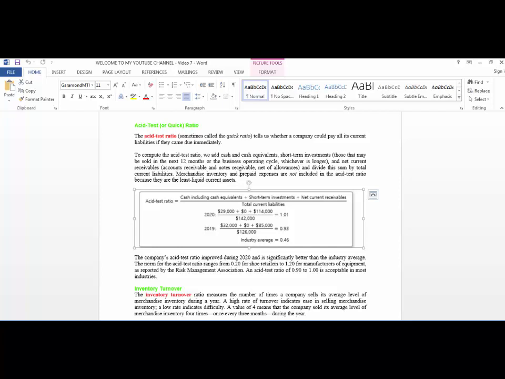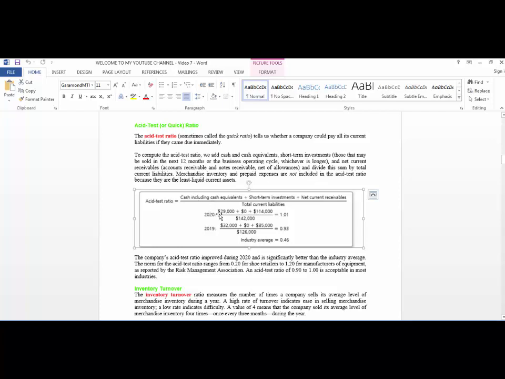So if you look here at the asset test ratio, we can say that the asset test ratio in 2020 and 2019 is slightly better and it's acceptable for a company. So if it is better, then what's the reason?